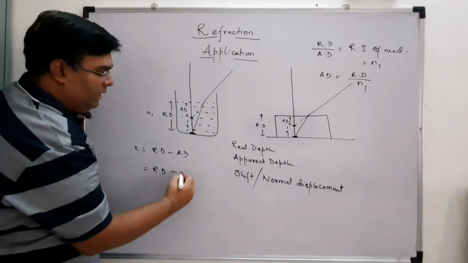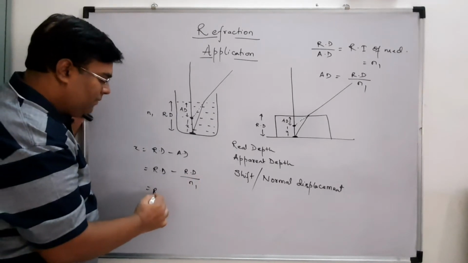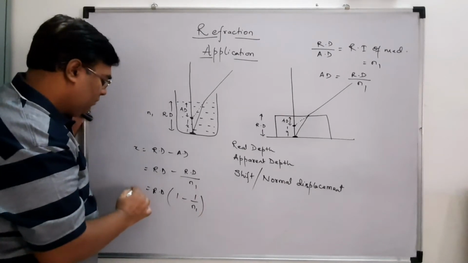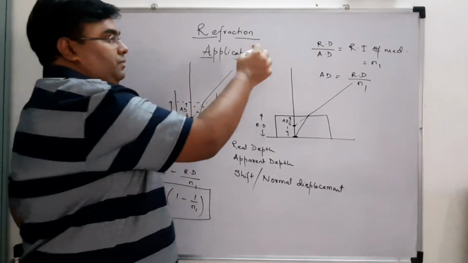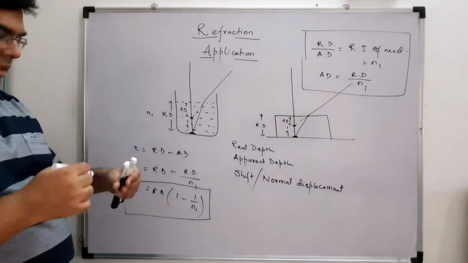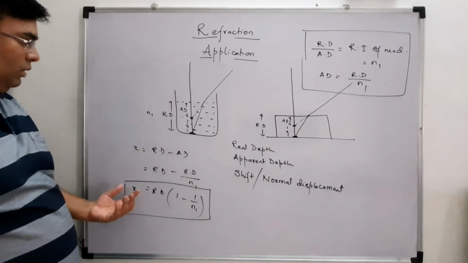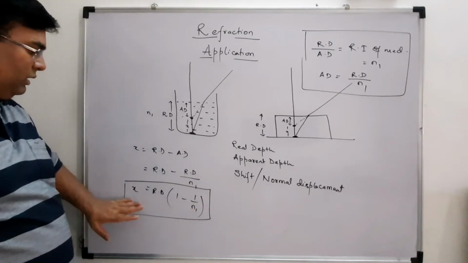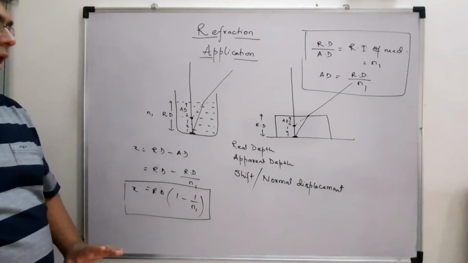So let us write RD by n1, and if you take RD common, you get RD times 1 minus 1 by n1. Remember this formula and this formula also. Real depth upon apparent depth is the refractive index of the medium, and this is known as my shift or normal displacement. The formula for this is real depth multiplied by 1 minus 1 upon n1.